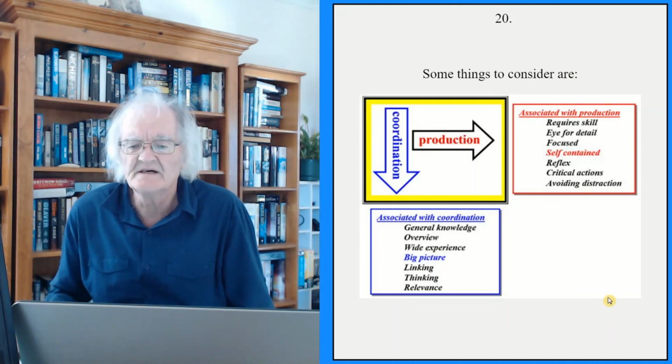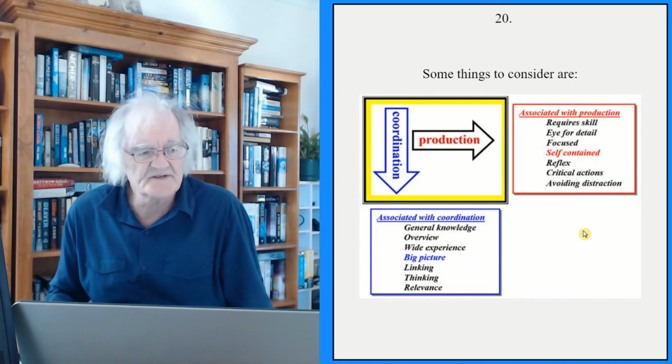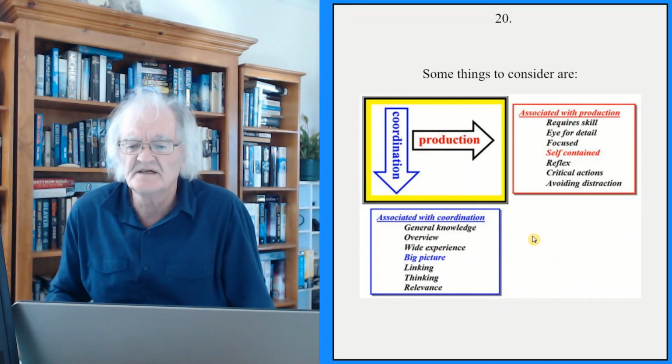On the other hand, production on the basis of tactical expertise, that's associated with skill, eye for detail, being focused on the task in hand, being self-contained, having good reflex responses, critical actions, and avoiding distractions. This ensures the job gets done, and this ensures the quality of that job.